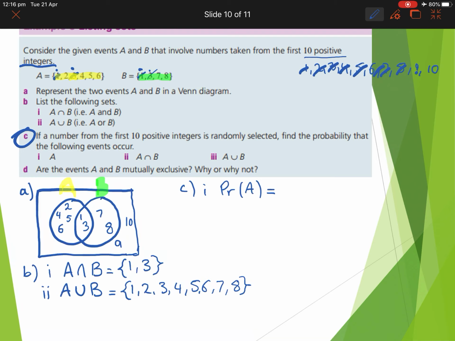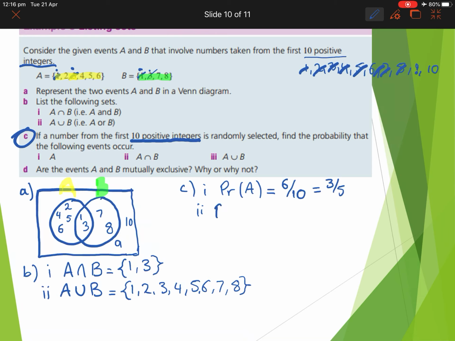How many numbers are in A? We've got 1, 2, 3, 4, 5, 6 numbers in A. So we write 6 divided by how many numbers there are altogether. There are 10 numbers altogether, because we've been working with 10 positive integers, so 6 out of 10. We've got to simplify that, so that's going to go to 3 over 5.